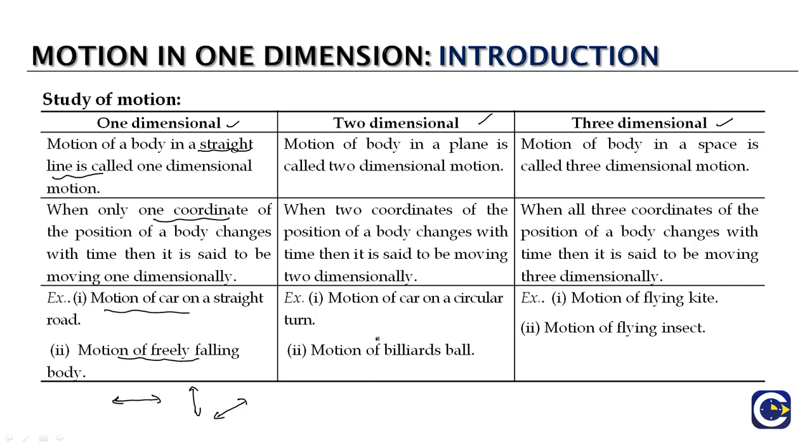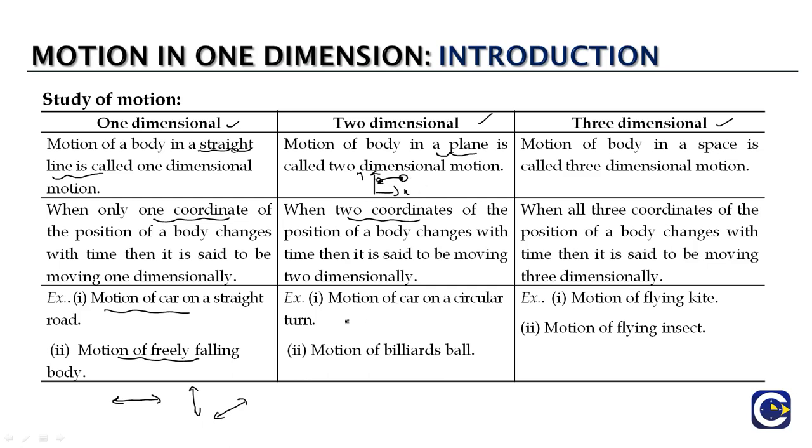Talking about two-dimensional motion, if the motion is confined to a plane, that is what we call two-dimensional motion. And when we talk about an object moving in a plane, we will be talking about both coordinates. Let us say for example, if an object is moving in the xy plane, then when it is moving from one place to another, both the x coordinate value of the position changes as well as the y coordinate.